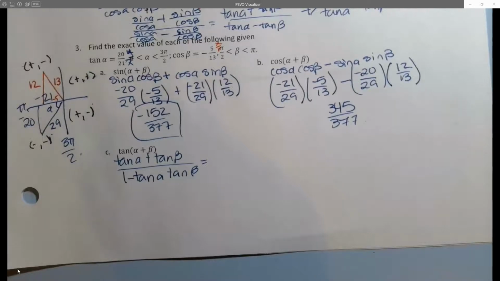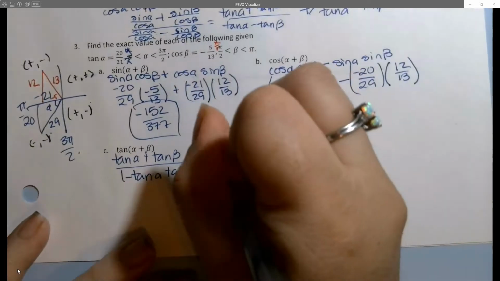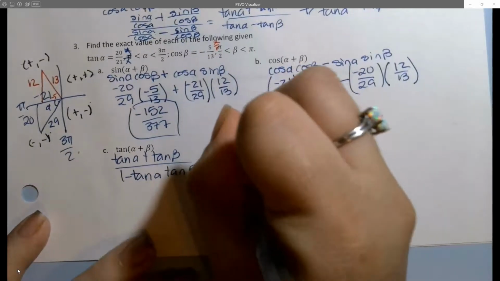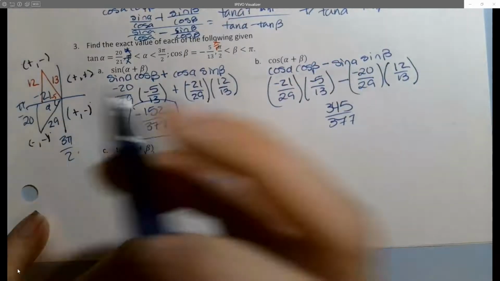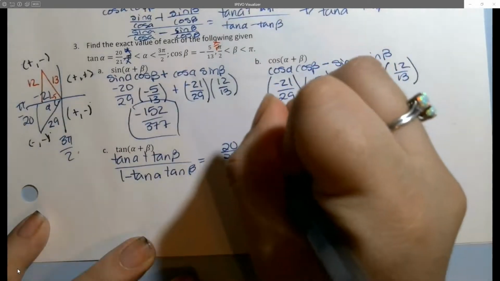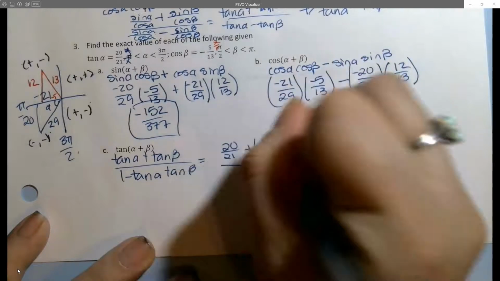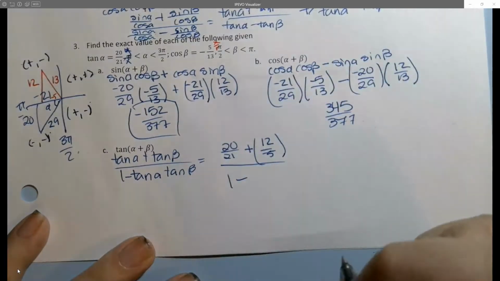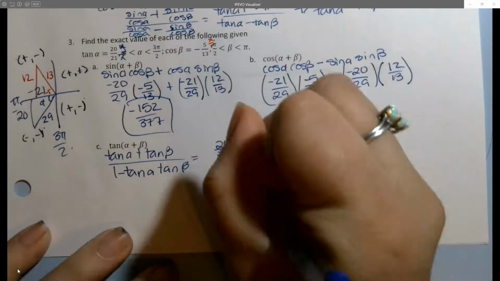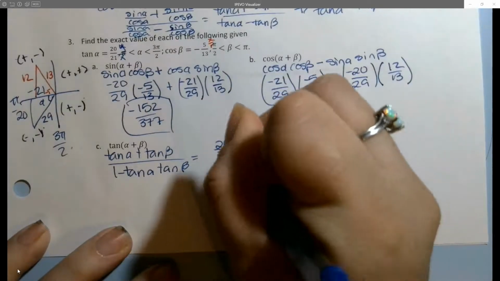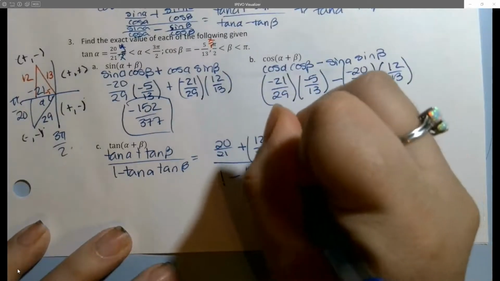Tangent alpha is the one that was given to me. That was the 20 over 21. Then I have my tangent beta, which is going to be 12 over negative 5. Over 1 minus tangent alpha is, again, the one that was given to me, the 20 over 21. And tangent beta is the 12 over negative 5.